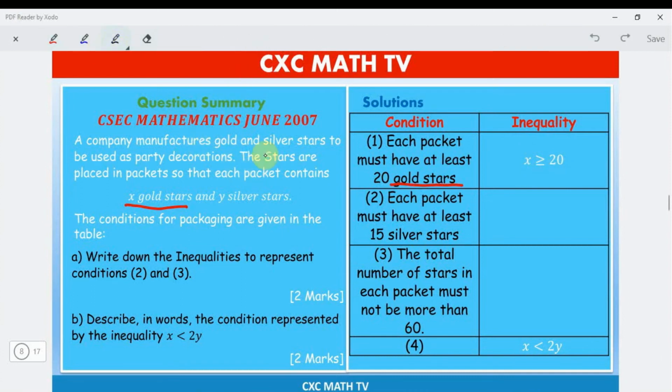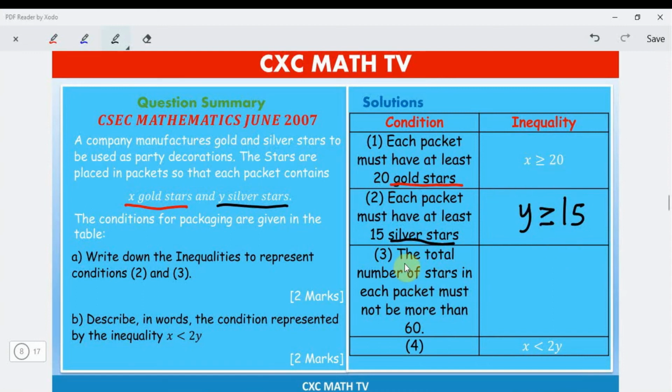Now the next one, number 2, says each packet must have at least 15 silver stars. Silver stars is represented by Y. So we know that Y is greater than or equal to 15. If you did that, you're a genius.